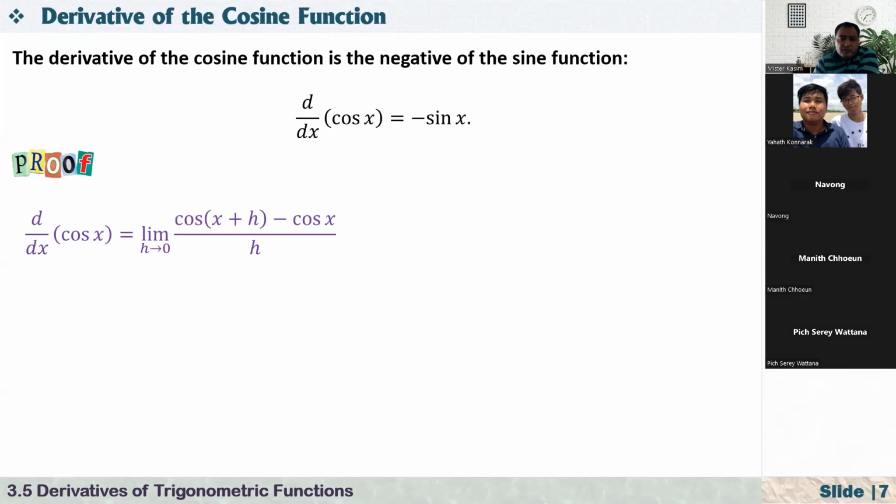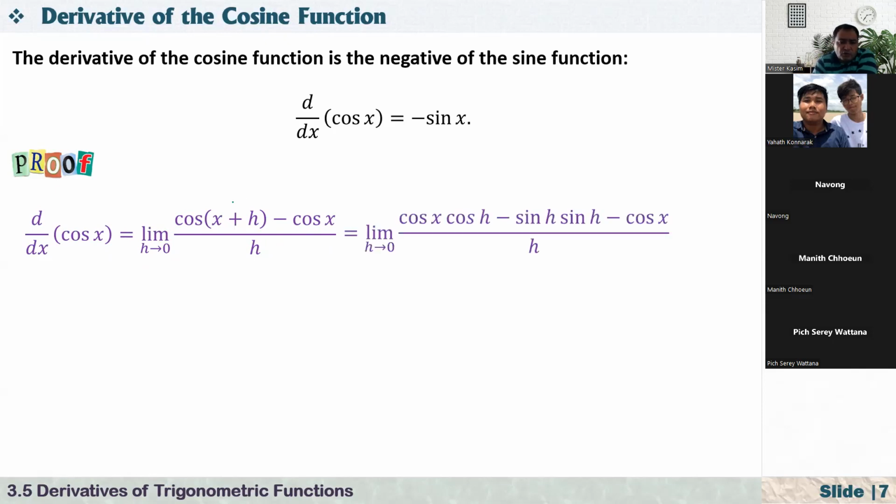So now again, what is our definition? The derivative of cosine of x means that we need to evaluate this limit. If this limit exists, then we can claim that it has a derivative, or it is differentiable, and its derivative is equal to this. So by definition, that's the limit as h approaches 0 of cosine of x plus h minus cosine of x over h, right?